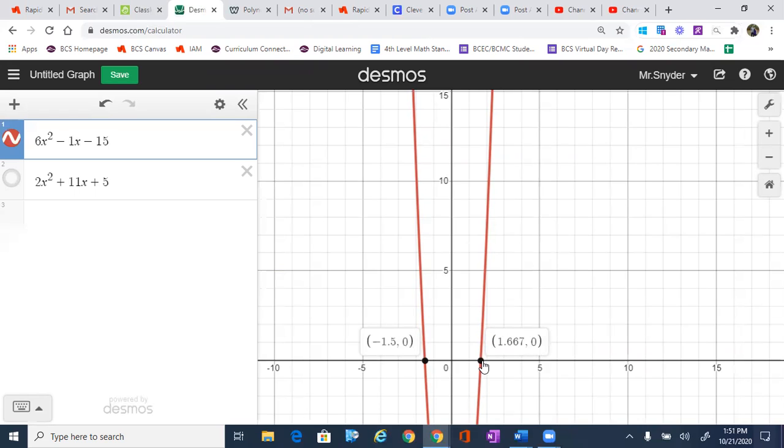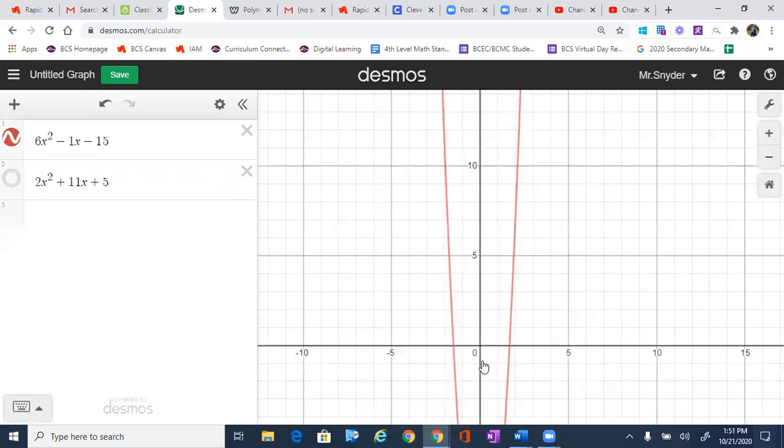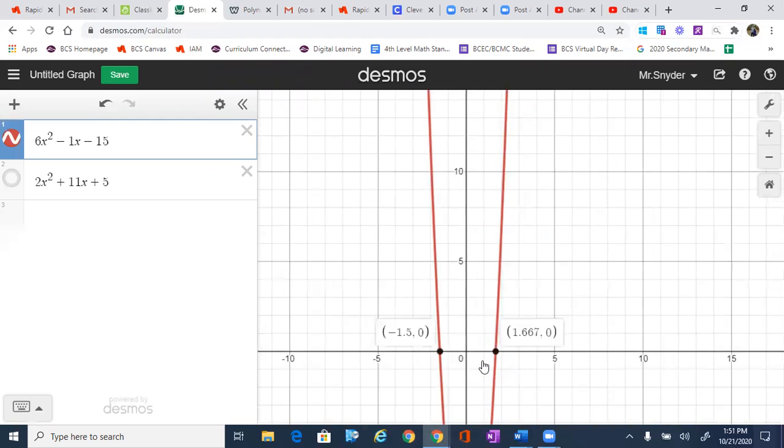So when I write these factors out, I've got some funky factors to say the least. I'm going to write x plus 1.5. I'm going to use the opposite, and I'm going to use x plus or minus 1.667. And then we have an a value of 6, but that doesn't look pretty, and that's not going to help us out in a little while.